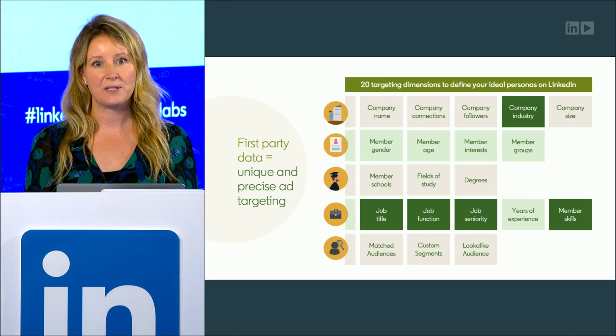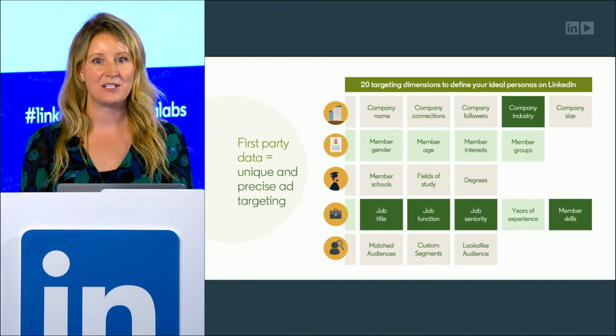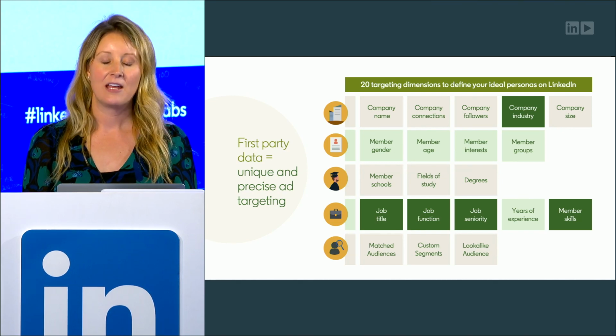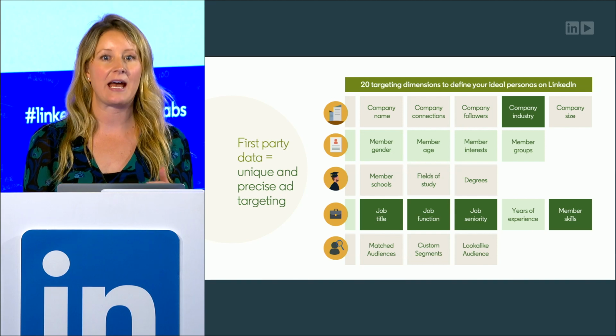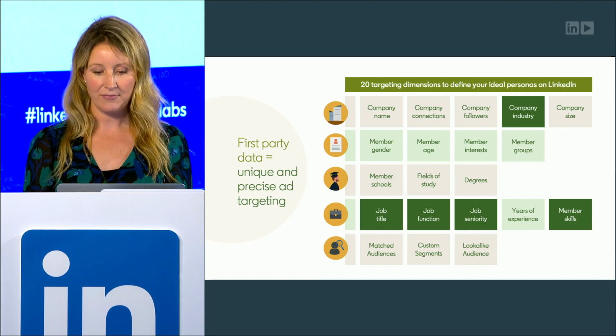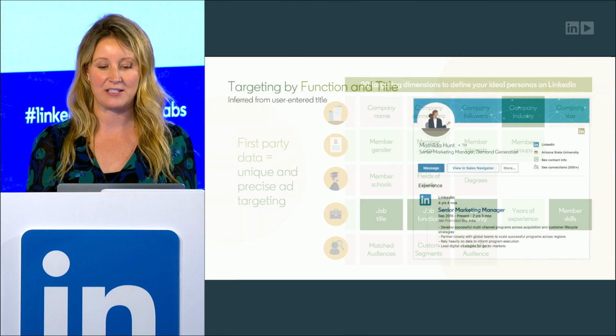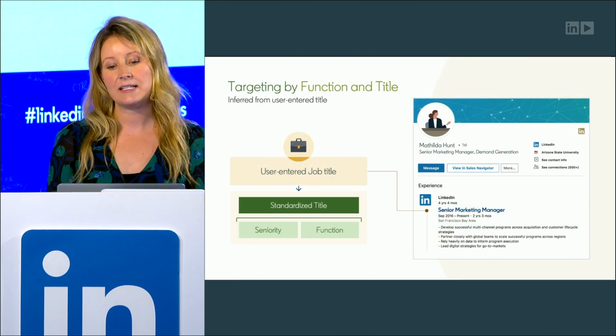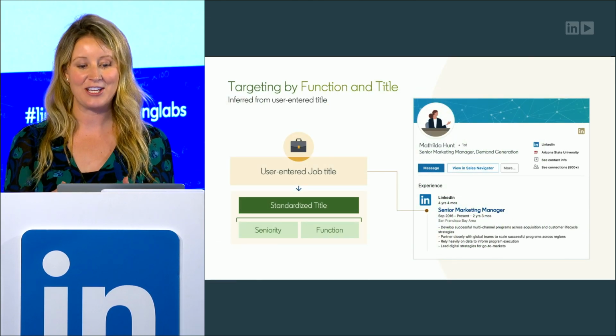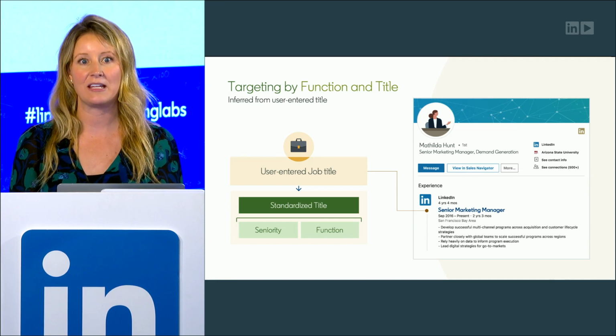So that includes company industry, job title, job function, job seniority, and member skills. And we're going to dive in a little bit deeper into how you can be leveraging these and putting together different combinations. So with this example of Matilda Hunt, she is a senior marketing manager here at LinkedIn.